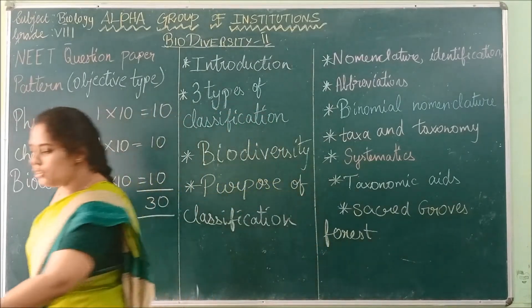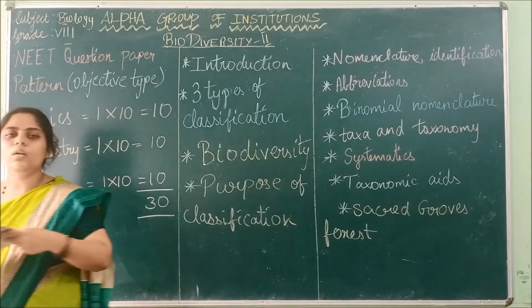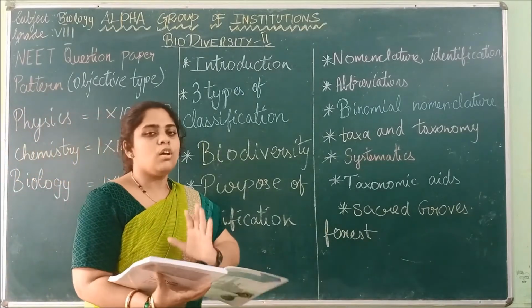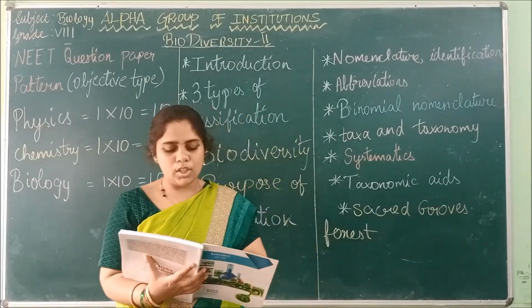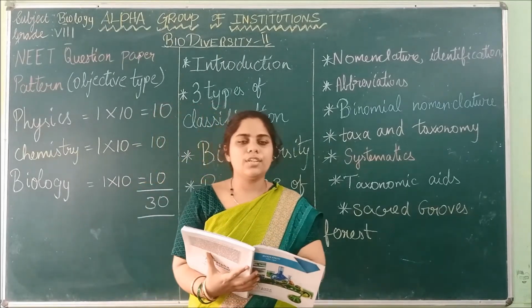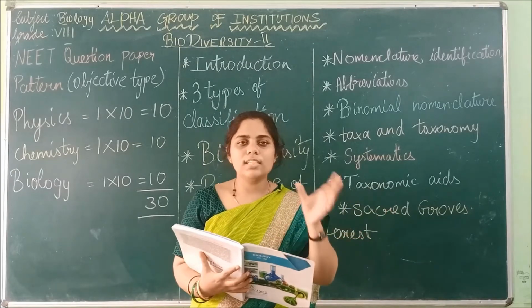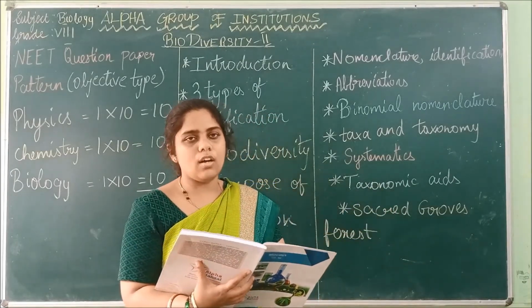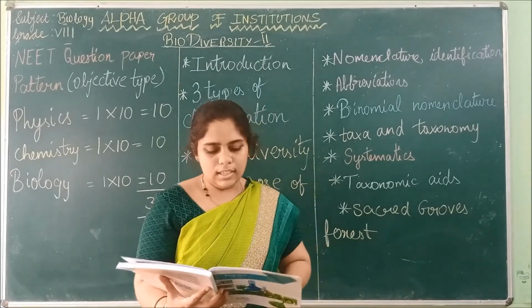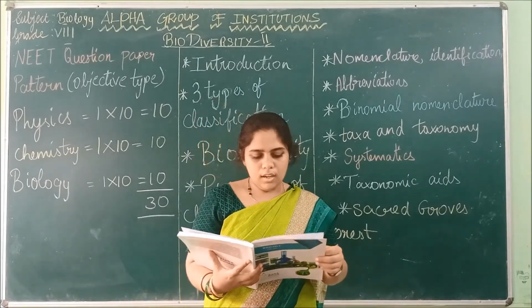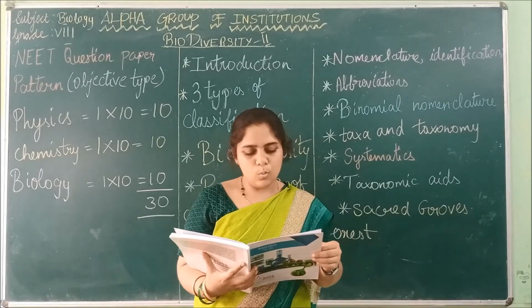Now I am going to tell you what are the possible one-word questions from your book. So if you have your book, take it in your hand. In the first page, in the first line you can see plants are called as flora and animals are called as fauna. It is written in the bracket. So mark it and learn it. In the second page, the second paragraph, zoologists.